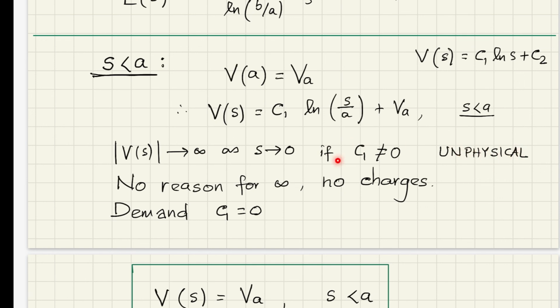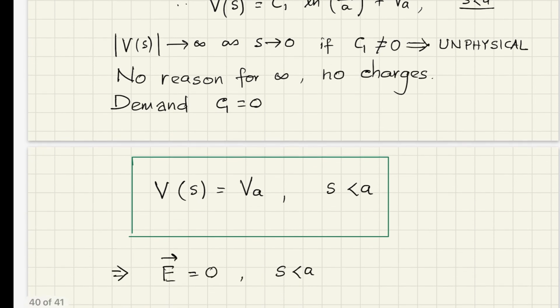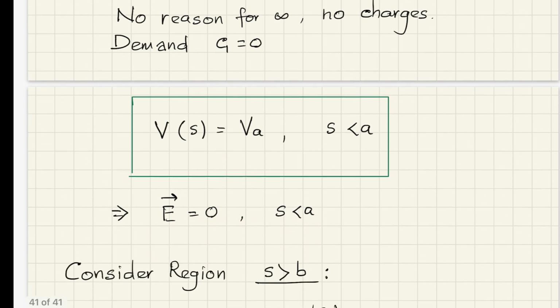So it is unphysical, and hence we demand that C1 be actually 0. If C1 is not equal to 0, then it is unphysical. There is no charge there, there is no reason why it should be, and hence C1 must be 0. So I demand that C1 is 0, and then my solution is simply that the potential at S less than A, inside the inner cylinder, must be the same as VA. Then the electric field for S less than A is 0.